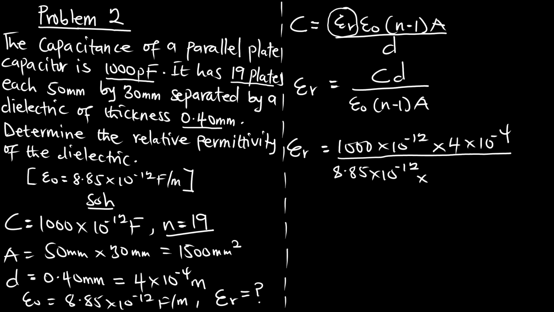We also have n minus 1. We have 19 plates, so 19 minus 1, multiplying the area. The area is 1500 millimeters squared. If we convert this to meters, then we are going to get our area as 1.5 to the power negative 3. Are you okay?